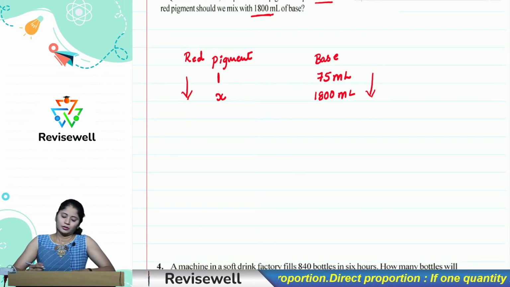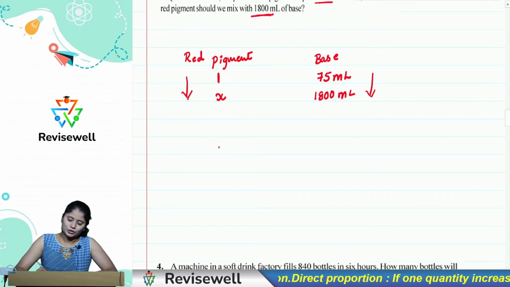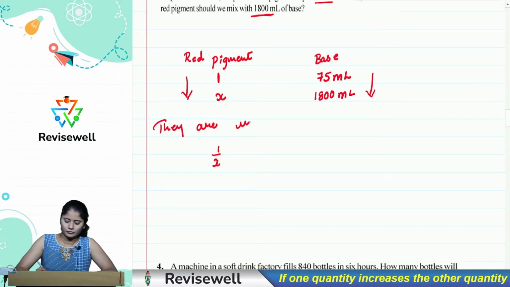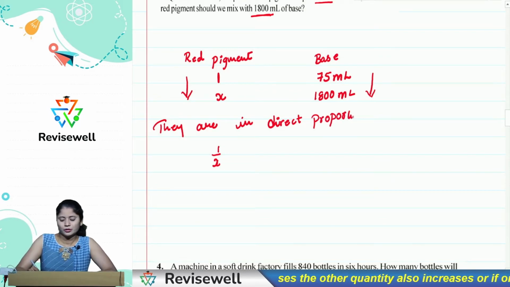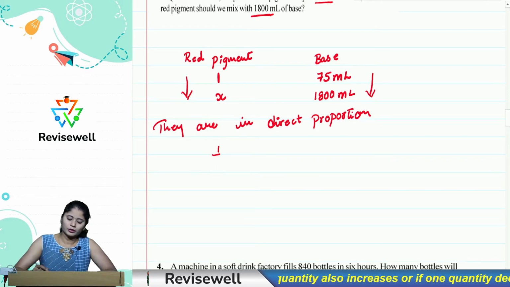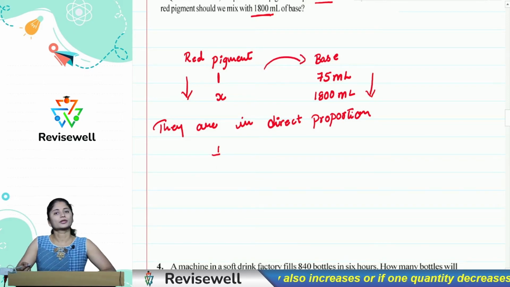Okay. Now here, they are in direct proportion. The ratio of red pigment to the base will always remain the same.